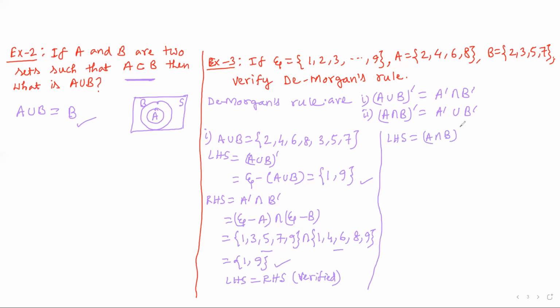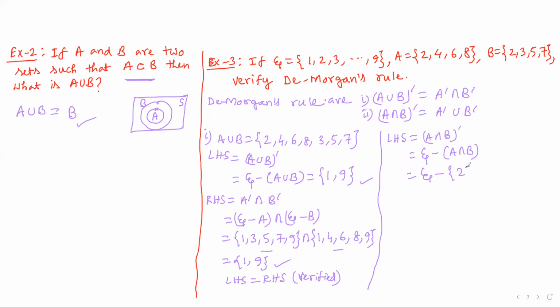According to the definition of complement, this equals Xi, that is the universal set, minus A intersection B. Now from the universal set you have to remove A intersection B. A intersection B means we have to calculate it. So between A and B, what is the common part?